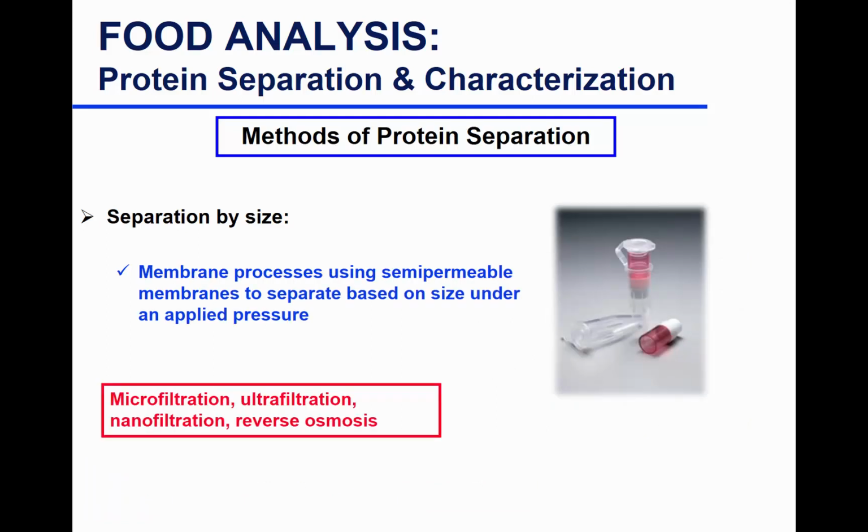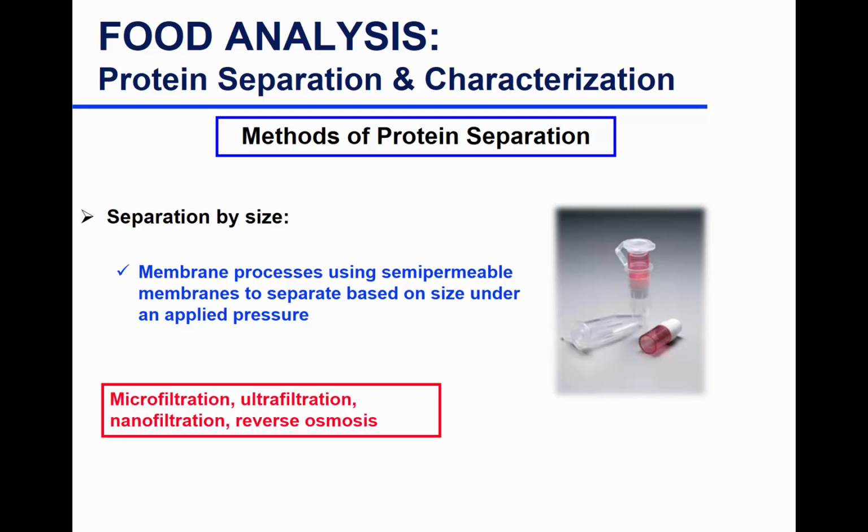So next, using membrane filtration. There is small scale membrane and there is large scale membrane. So for example, I'm going to be passing a tube here. Inside the tube, there is a membrane. So you put your sample on one side of where the membrane is, and then this can be centrifuged.